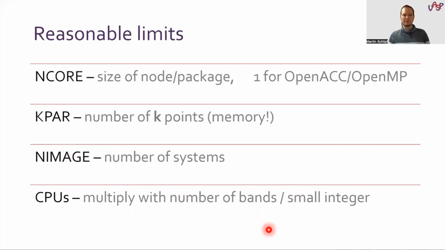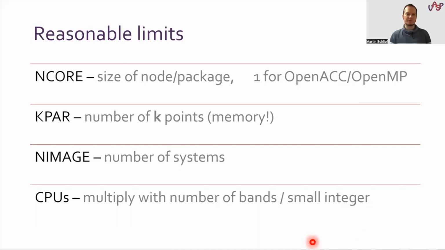We discussed NCIM, the number of bands that are treated in a block-wise fashion, which for GPUs you want to increase. So this small integer should be similar to this number. This is the absolute maximum.